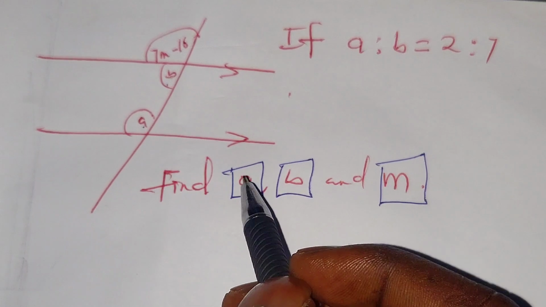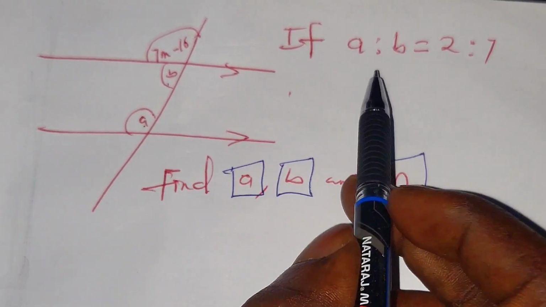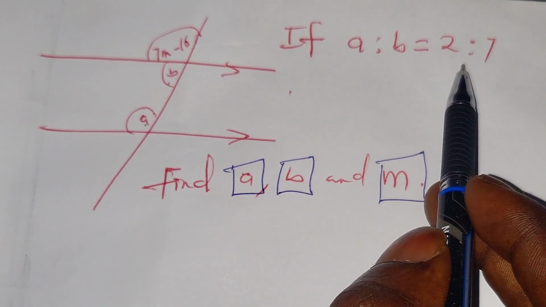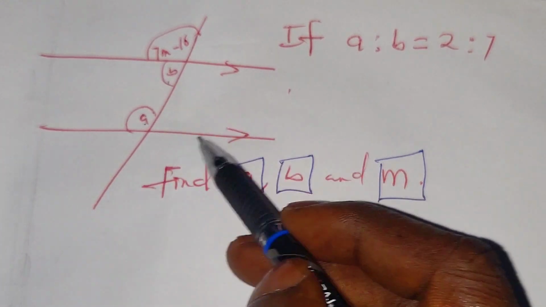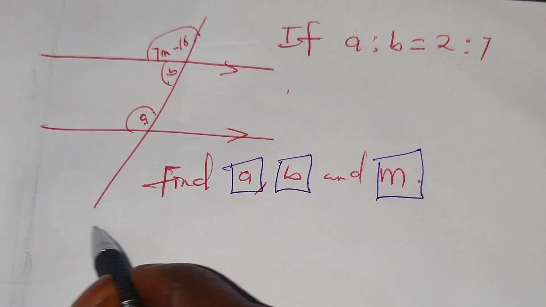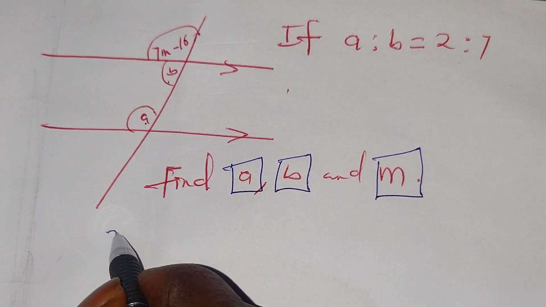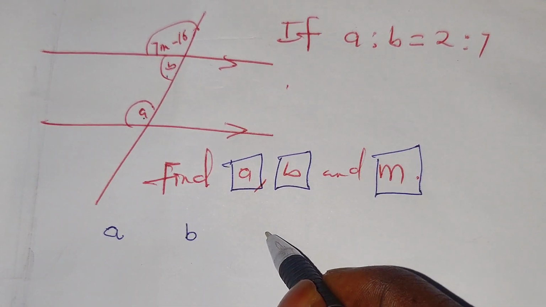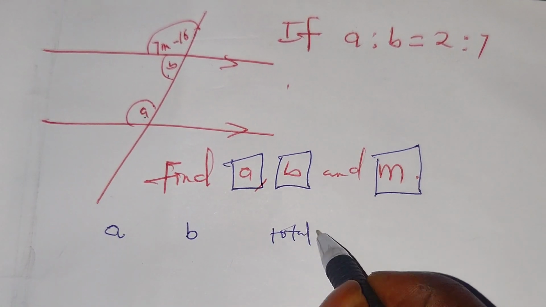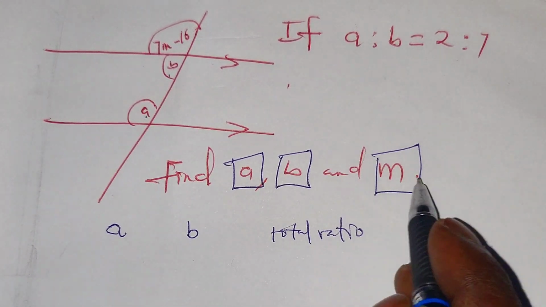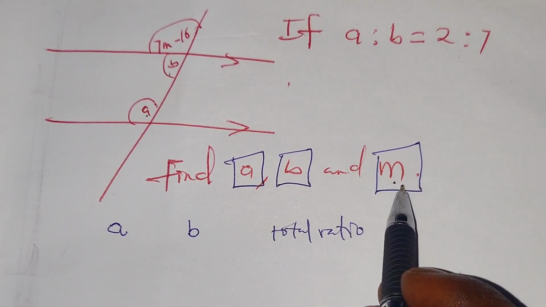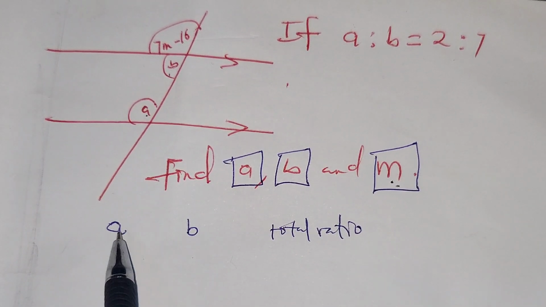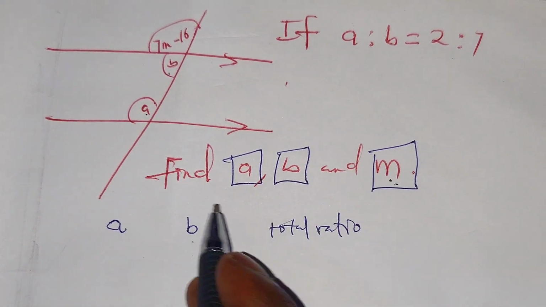Now, what do we do first? Because this is a ratio question which has been infused into angles, let's set up a ratio table like this. So we have a part for A, we should have a part for B, and we should have a part for total ratio. The reason why I'm not bringing M here is because we are not given a ratio for M, but we're given a ratio for A, B, and we need to know the total ratio.